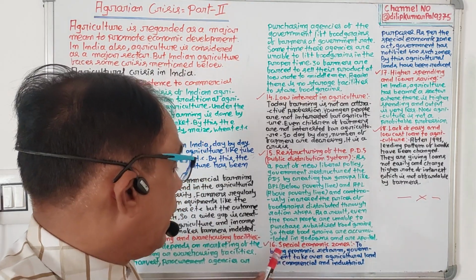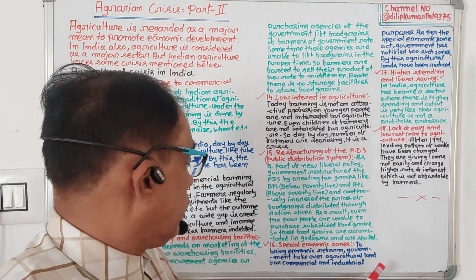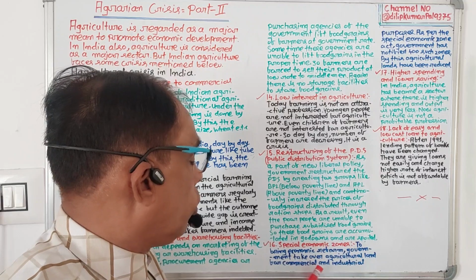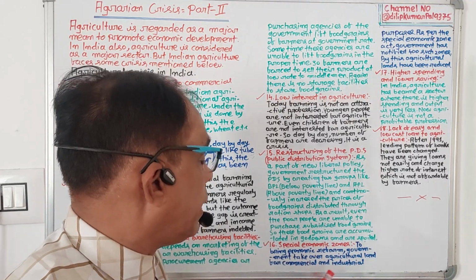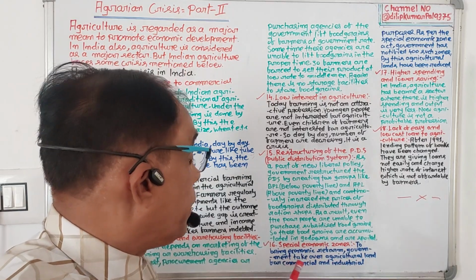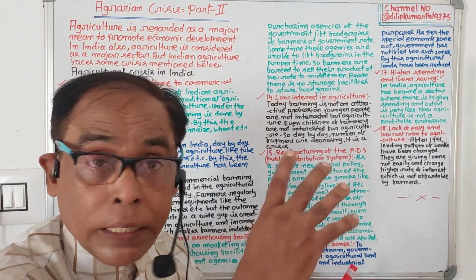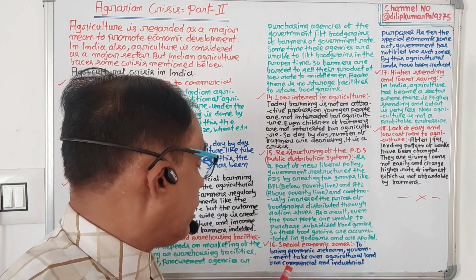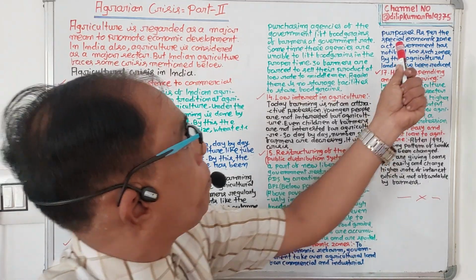Then, special economic zones. To bring economic reform, government takes over agricultural land for commercial and industrial purposes.